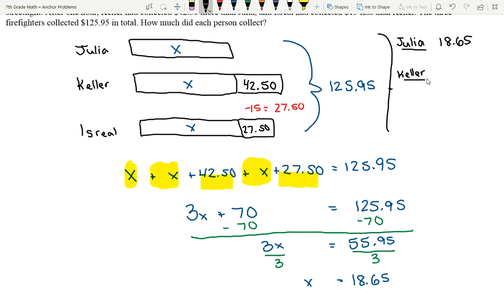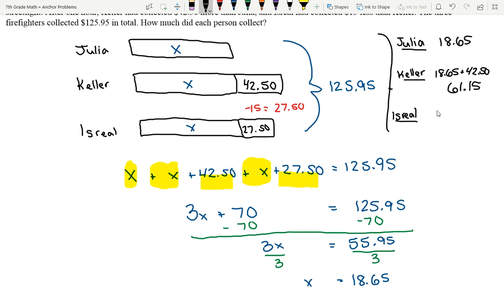We know Keller was Julia's $18.65 plus $42.50. When we add those together, we get $61.15.